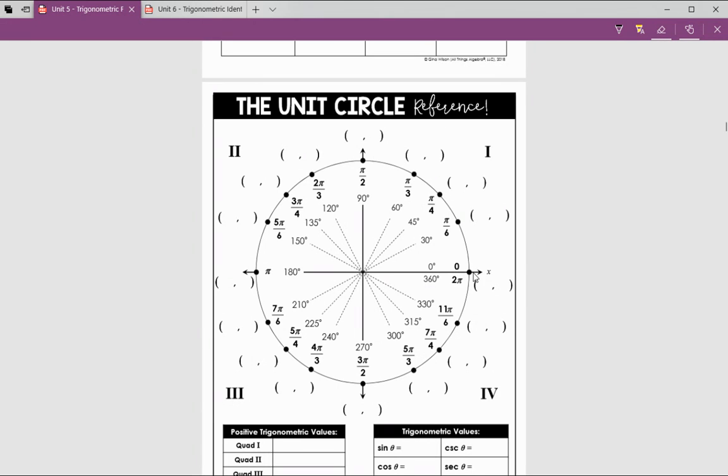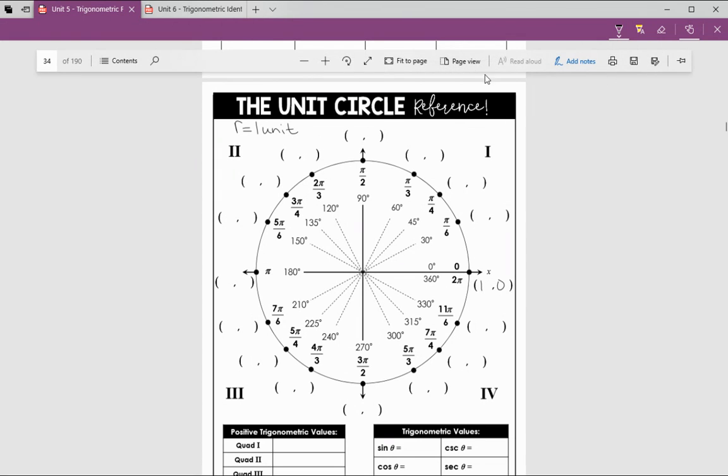When you are at 0 degrees, you are at the point 1, 0. Now, I know it's 1 because a unit circle has a radius that is 1 unit. If you are working on a unit circle, the radius is always a 1.